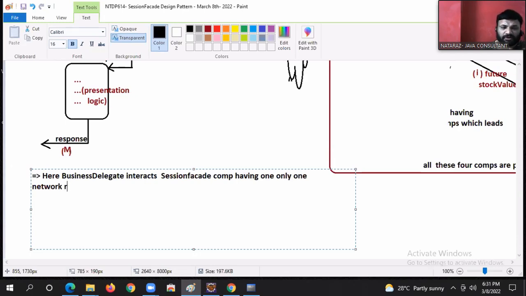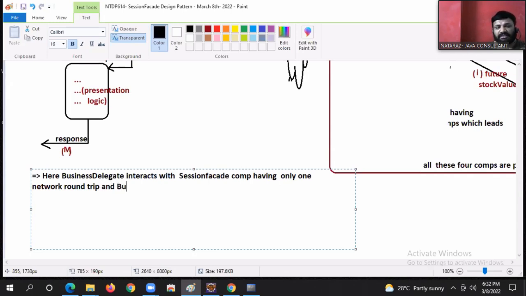Only one network round trip. Are you understanding my statement, guys? Here, the business delegate interacts with the SessionFacade component having only one network round trip. Clear, guys?